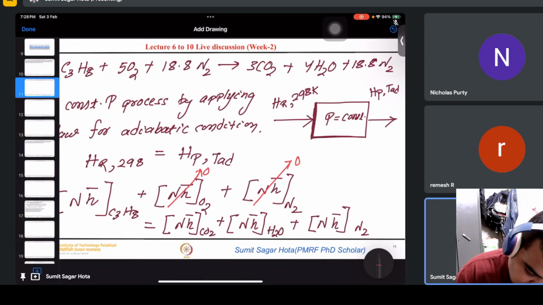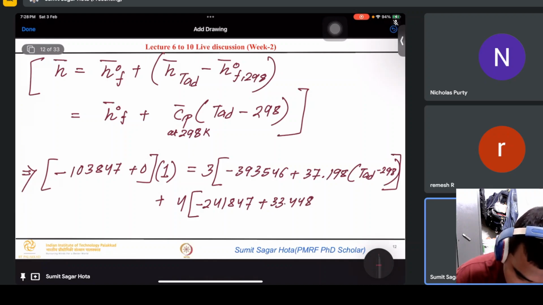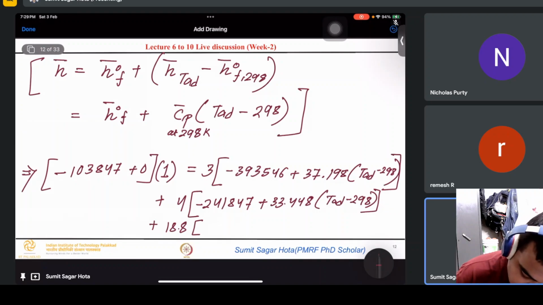Then H2O having number of moles 4. Now comes your nitrogen, 18.8. Here the enthalpy of formation is 0, but there exists some sensible enthalpy.